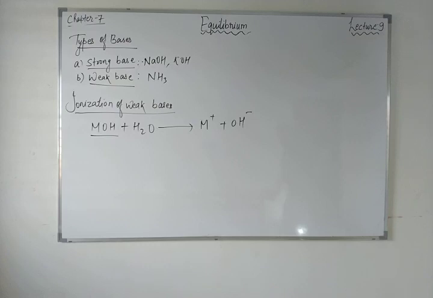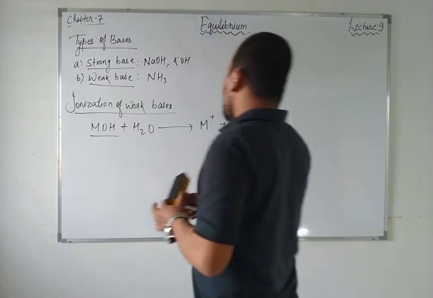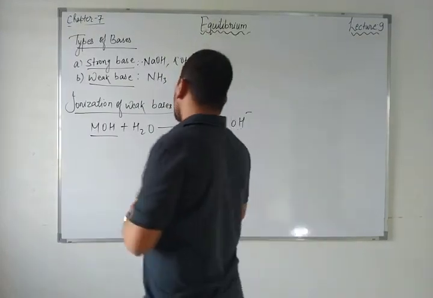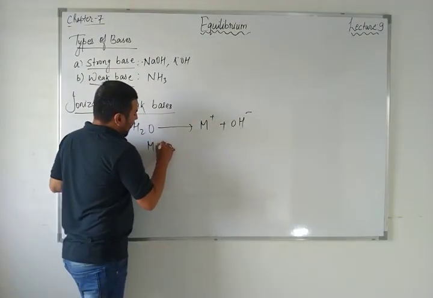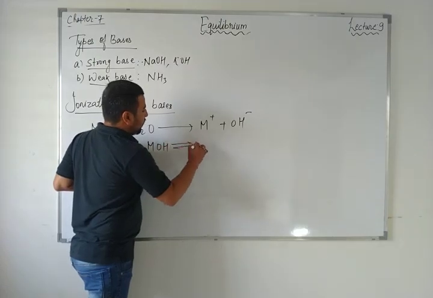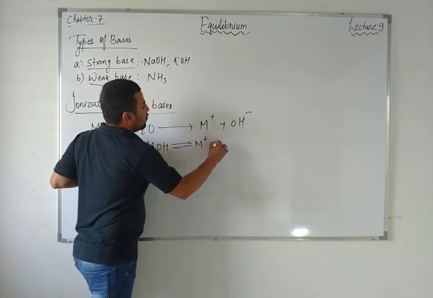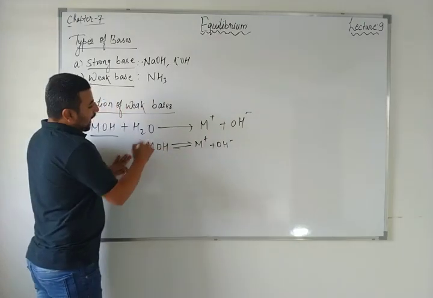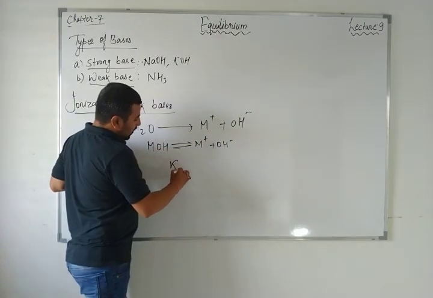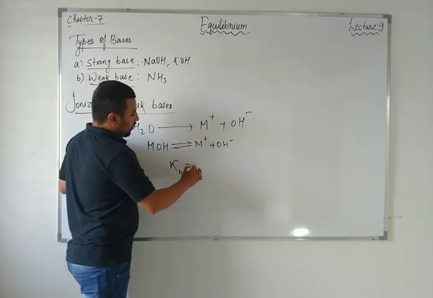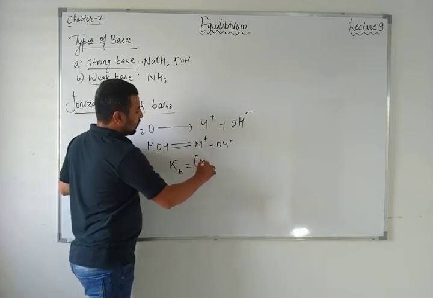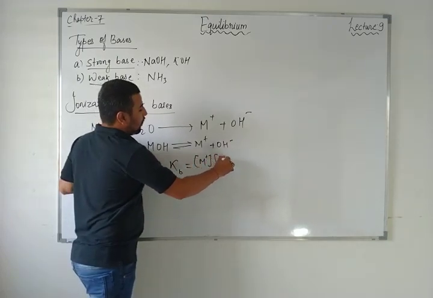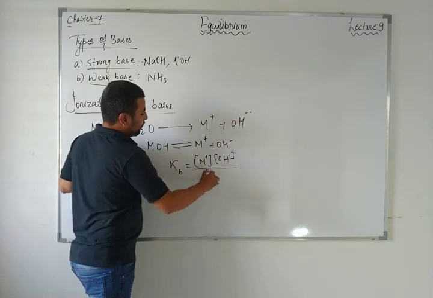So similarly, if you want to calculate the base ionization constant, there is no need to give a solution directly. If I just write the equation, MOH is in equilibrium with M plus and OH minus, right? So if you want to calculate the base ionization constant, it is the concentration of products over the concentration of reactant, right?